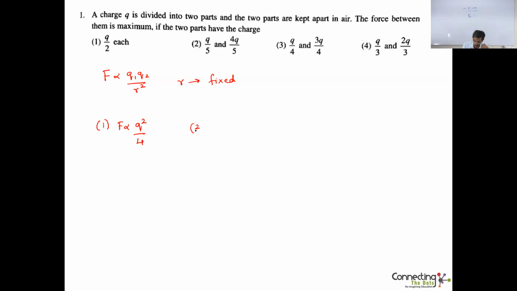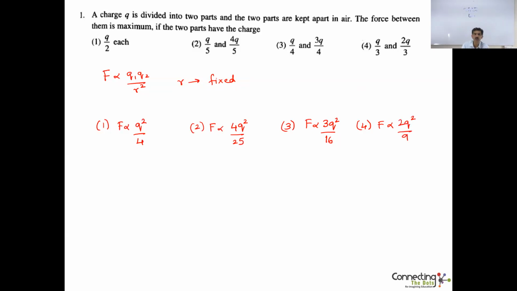In the second situation, force is directly proportional to 4Q squared by 25. In the third instance, the force is directly proportional to 3Q squared by 16. And in the fourth case, force is directly proportional to 2Q squared by 9.